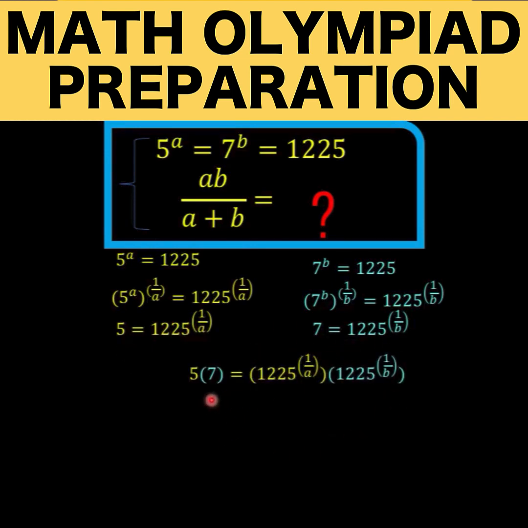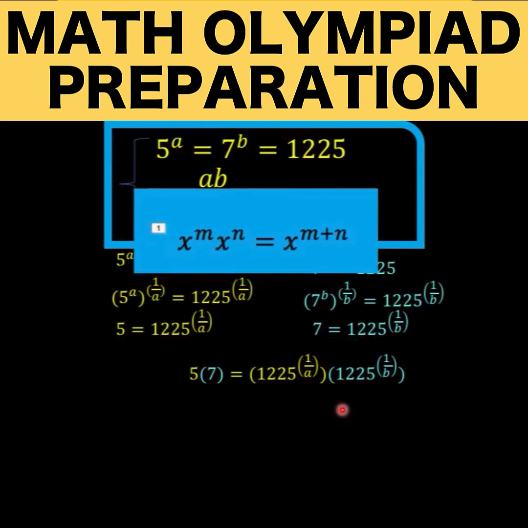So 5 times 7 equals 1,225 raised to 1 over a times 1,225 raised to 1 over b. Now from here, notice that 1,225 is a common base. And let's remember that when you have x raised to m times x raised to n, meaning the bases are the same, to multiply this exponential number, we just copy the common base and we add their exponents.